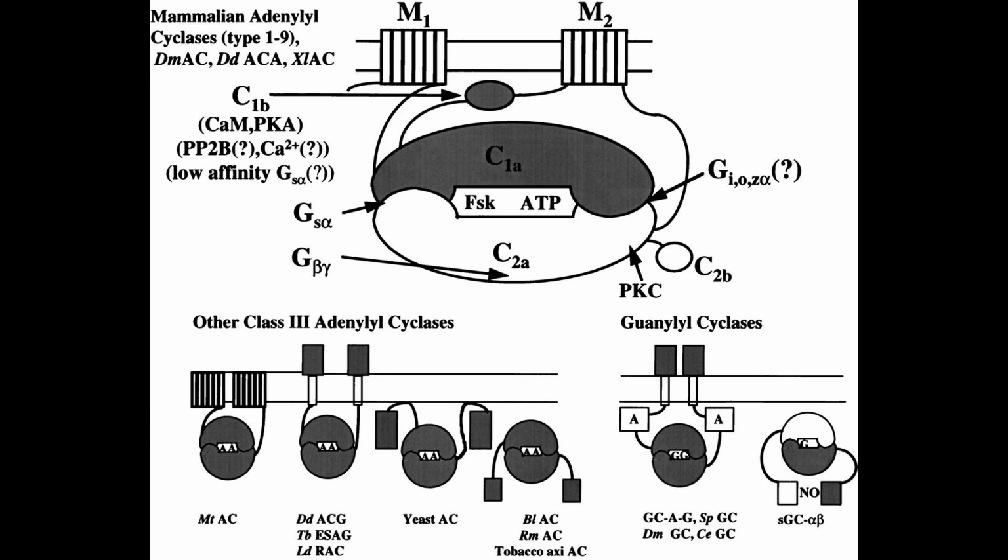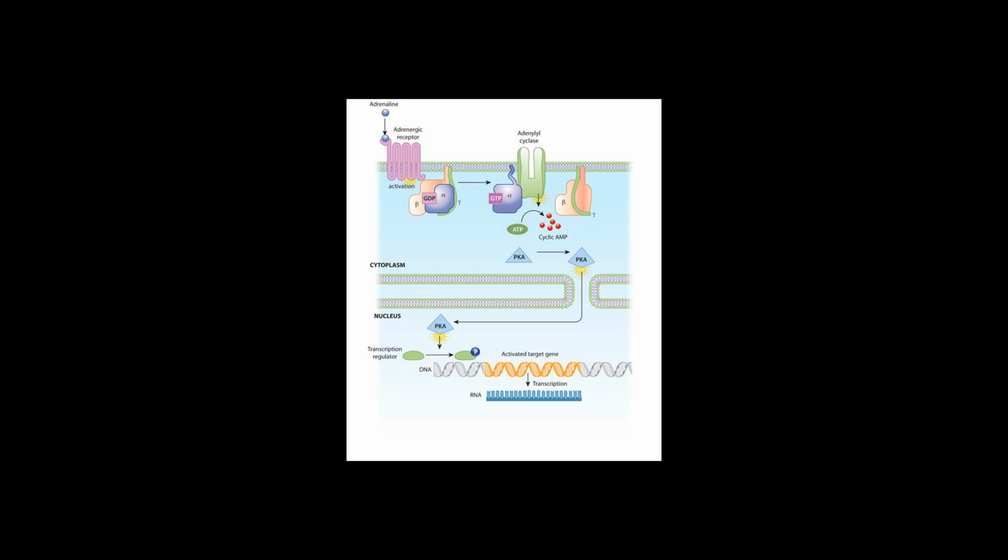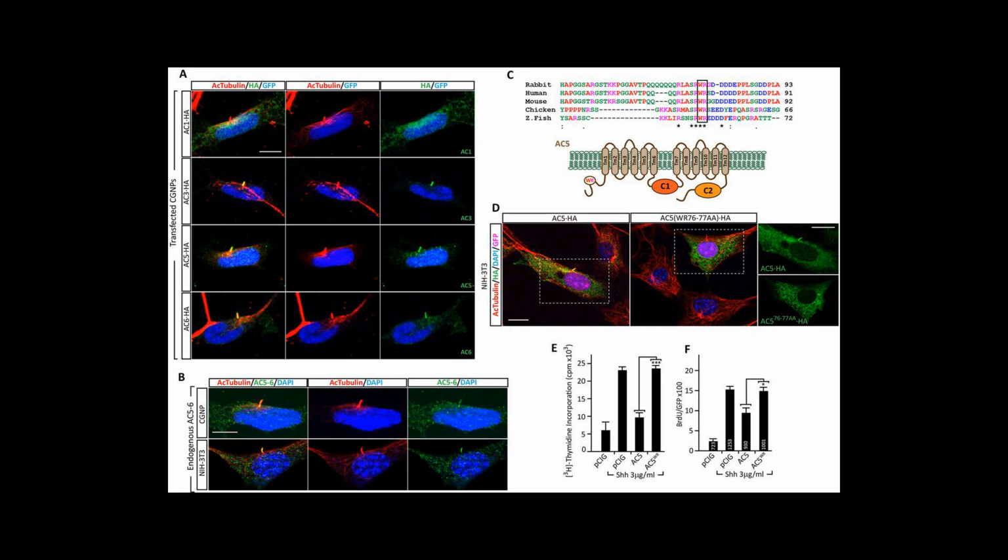Class 3. These adenylyl cyclases are the most familiar based on extensive study due to their important roles in human health. They are also found in some bacteria, notably Mycobacterium tuberculosis, where they appear to have a key role in pathogenesis.